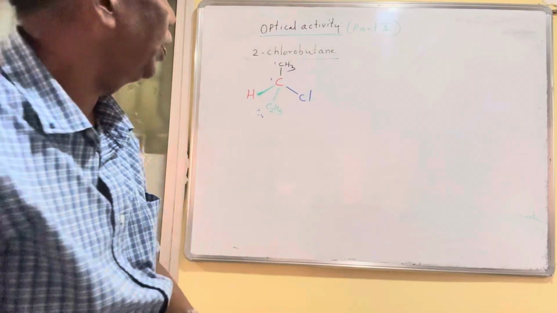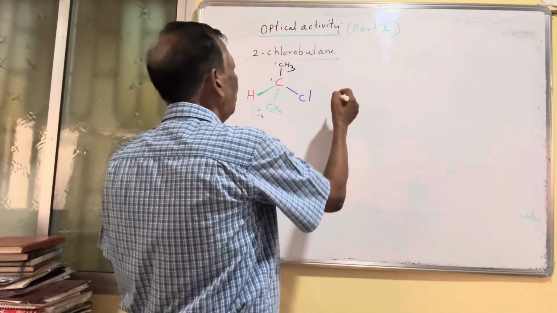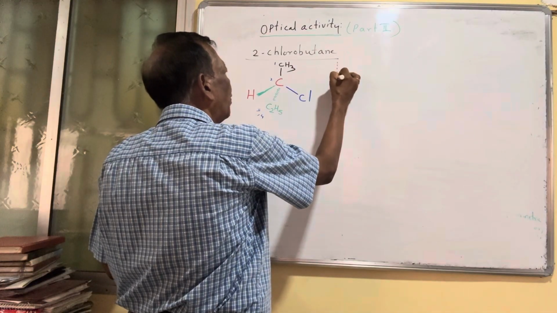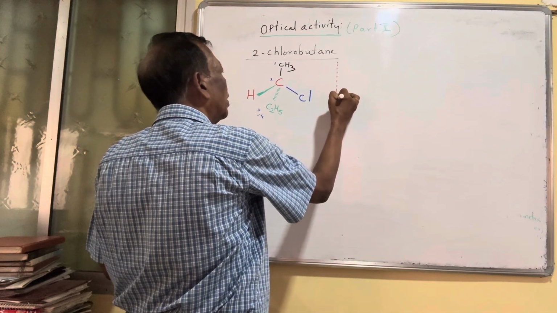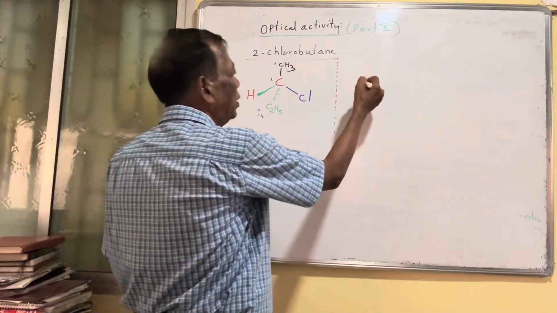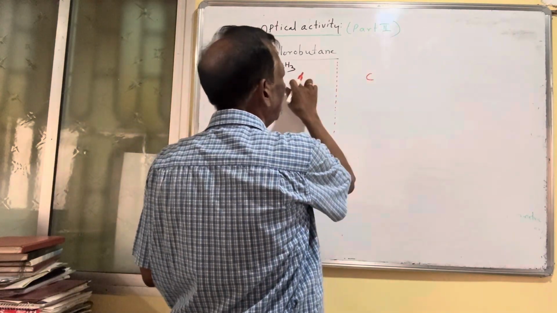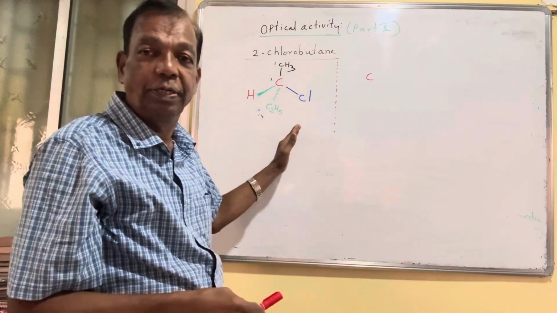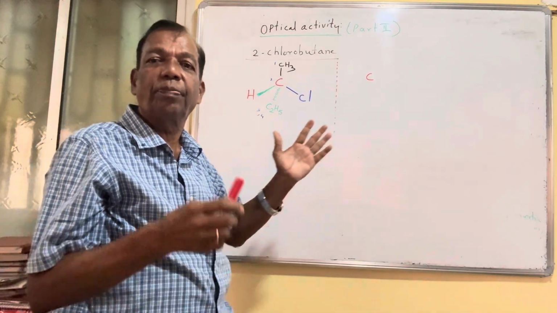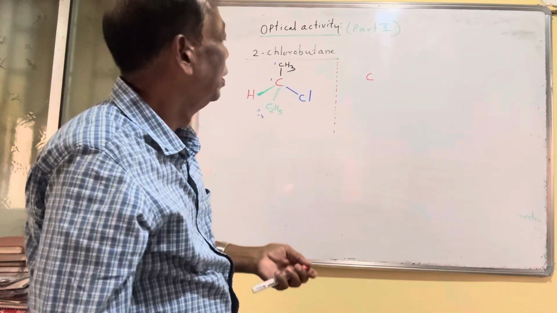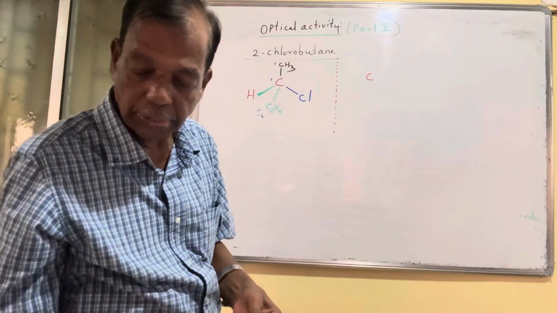Now if we keep a plain mirror in front of this 2-chlorobutane, you'll understand in a better way. On this side I'll put its image. So this is the object. When you stand in front of a plain mirror, you will see the image inside. Same thing I am trying to explain.